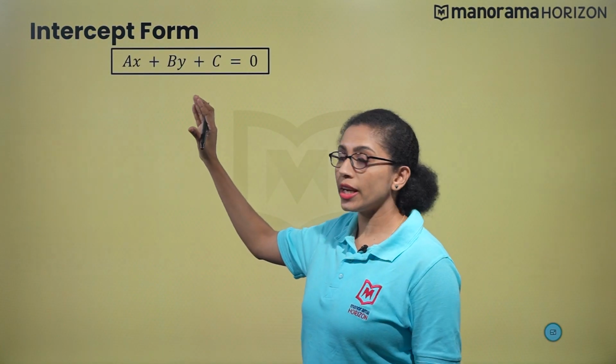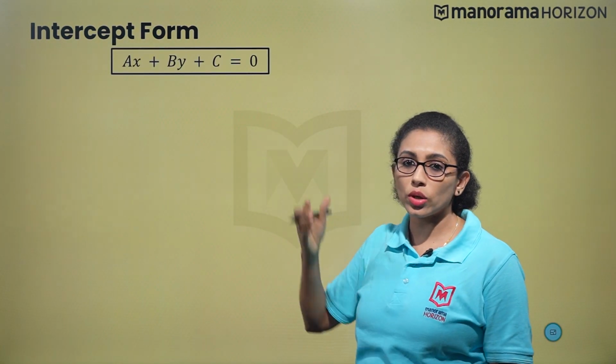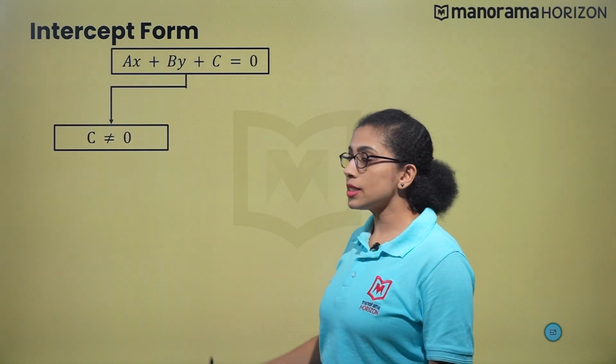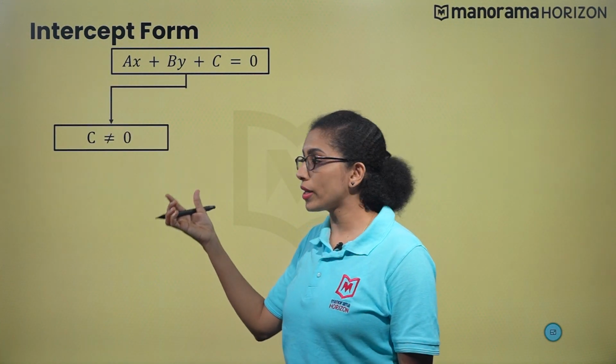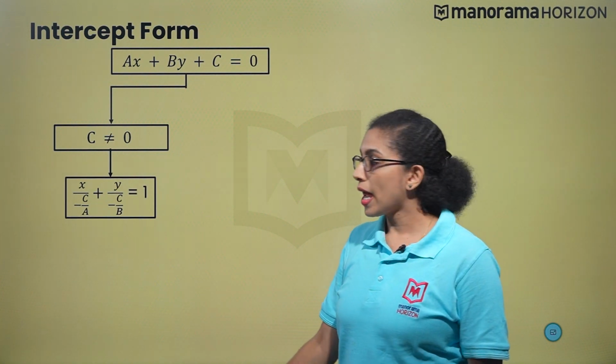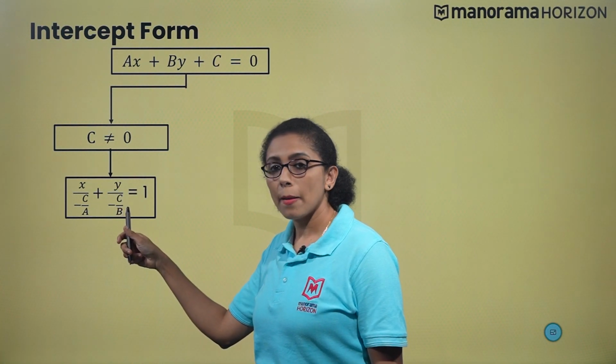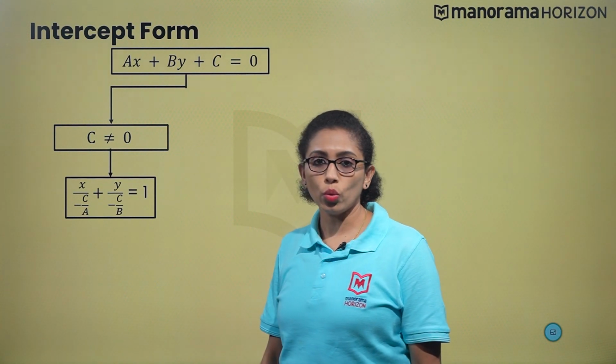In the intercept form, in the given equation ax plus by plus c is equal to 0, check the value of c. If c is not equal to 0, the equation can be rewritten as x by minus c by a plus y by minus c by b is equal to 1.